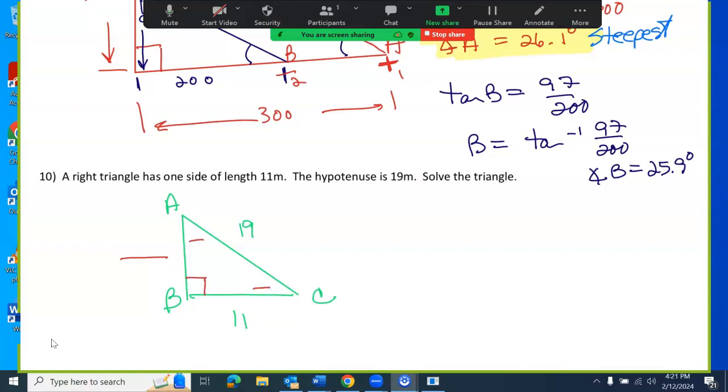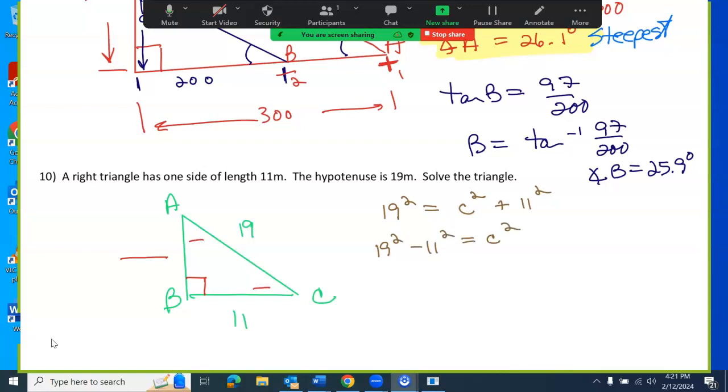Okay, the Pythagorean theorem tells me that, we'll do that first in brown, 19 squared equals little c squared plus 11 squared. So 19 squared minus 11 squared equals c squared.